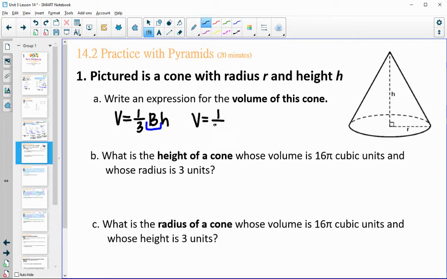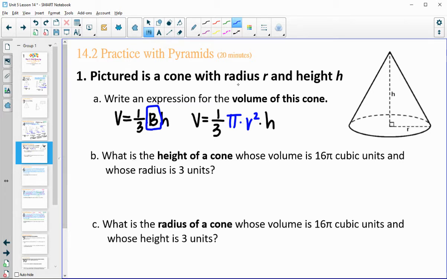The base shape is a circle. So the area formula for a circle is pi times the radius squared. And then we still have that times h. So we just plugged in pi r squared for this B. So this would be an expression for this cone's volume: 1/3 pi r squared h.